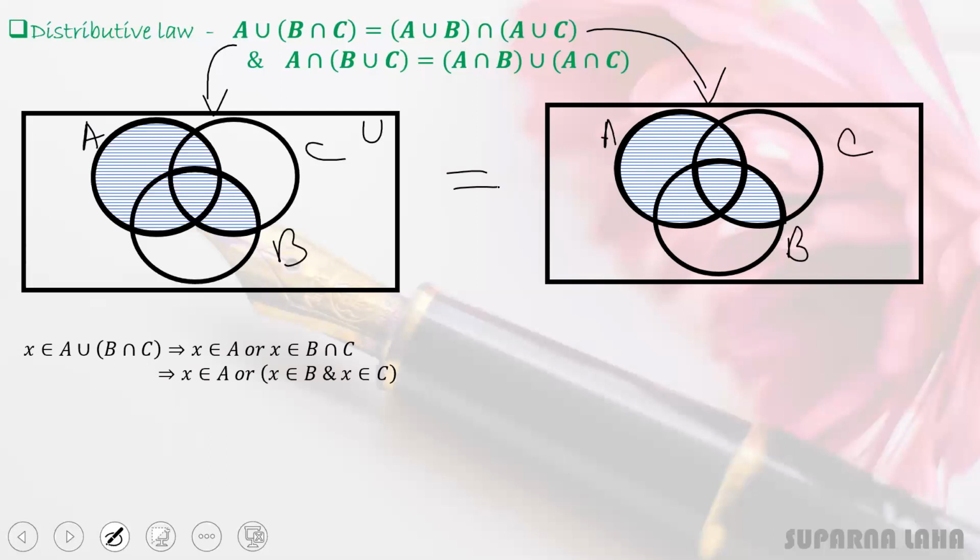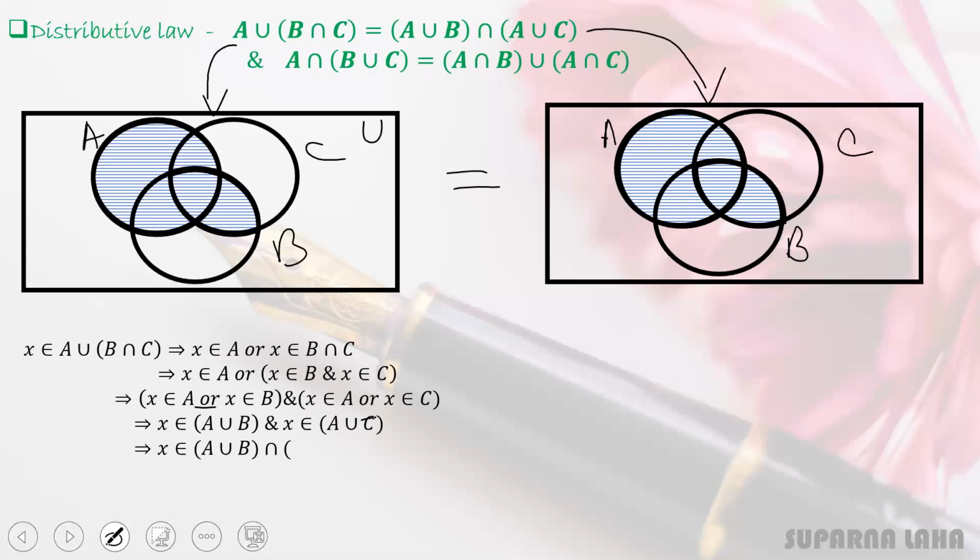X is present in A or B or C. Now remove this 'or' by union, that is X is present in A union B and X is present in A union C. Now again remove this 'and' with intersection. So you will find this is nothing but RHS.